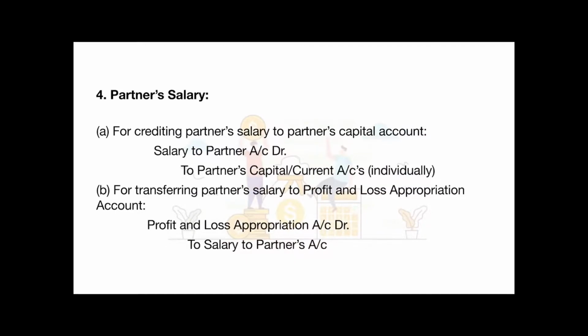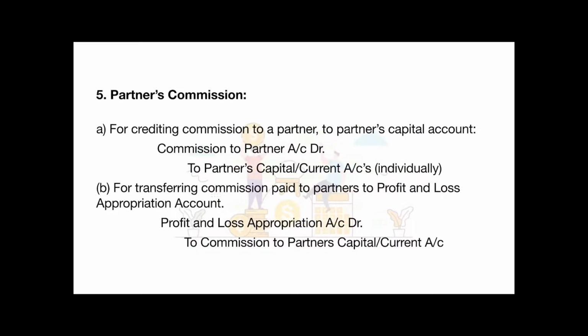4. Partner's salary. A. For crediting partner's salary to partner's capital account, journal entry, salary to partner account debit to partner's capital or current accounts individually. B. For transferring partner's salary to profit and loss appropriation account, journal entry, profit and loss appropriation account debit to salary to partner's account. 5.